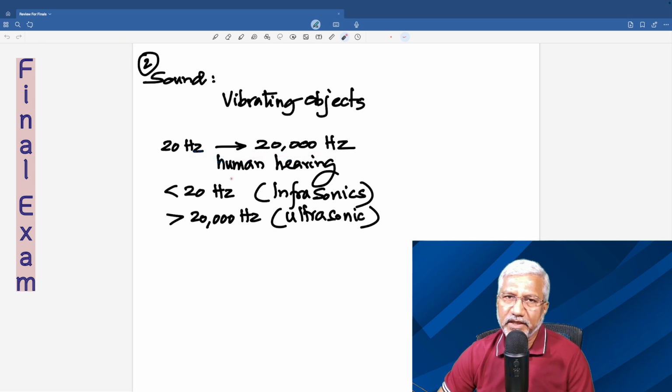Anything less than 20 hertz, which we cannot hear, are called infrasonics, and all frequencies above 20,000 hertz, which is really useful in the medical field, are called ultrasonics. That is concept number 2. You have surely heard about ultrasound, which is used in medical imaging.